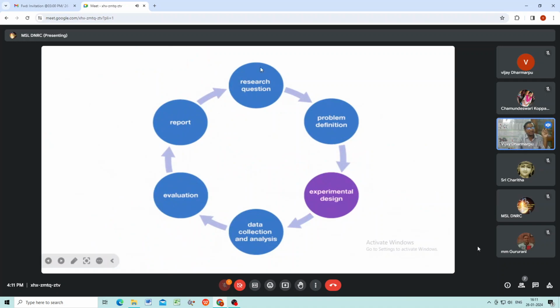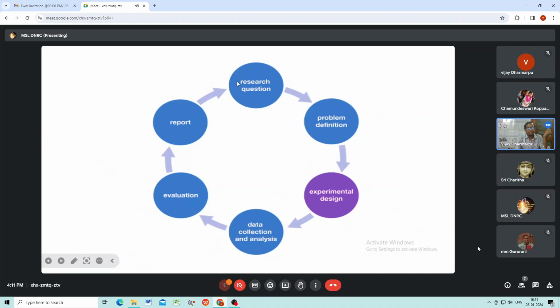When we go with research, we have a question. Then we go for a definition. We go with an experimental or theoretical design, then data collection and evaluation, and finally a report, like publications or patents, theses, and project reports.